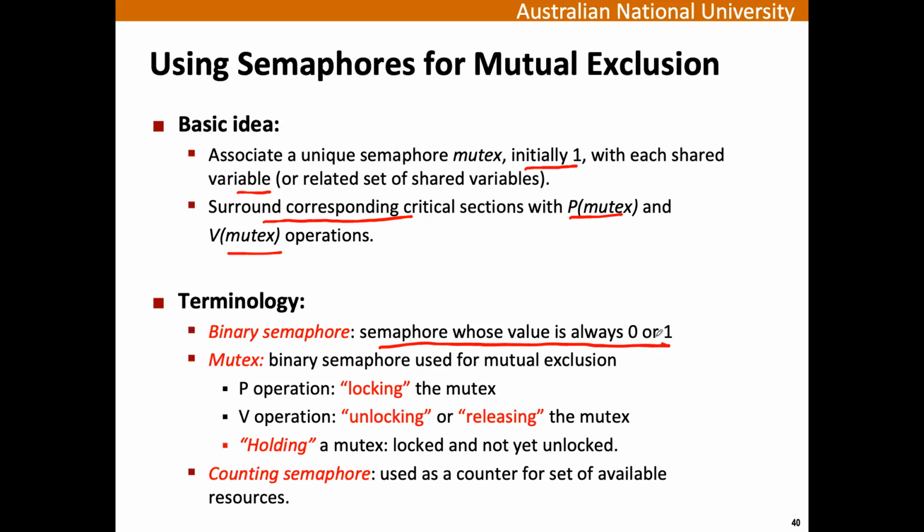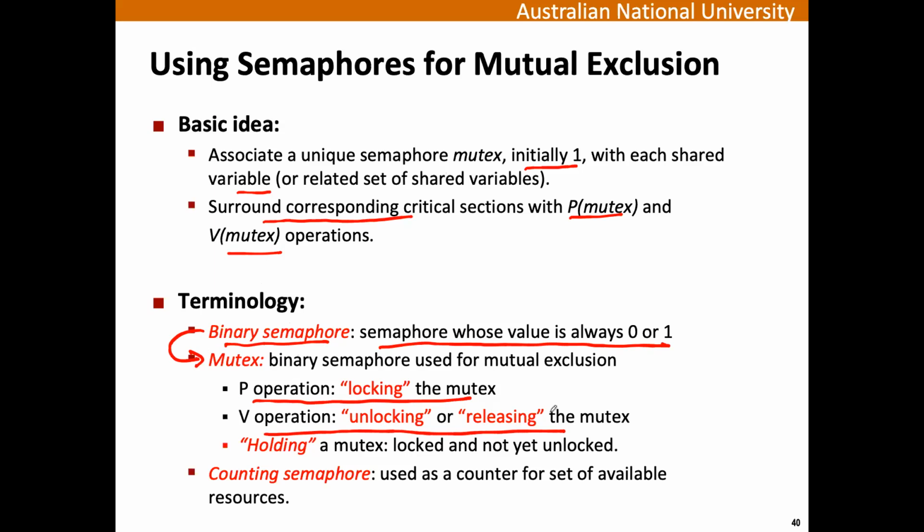It flip-flops between 0 and 1. You can also have counting semaphores that go up to some value n. Historically we call a binary semaphore a mutex, and the P operation is called locking the mutex, and the V operation is called unlocking or releasing the mutex.